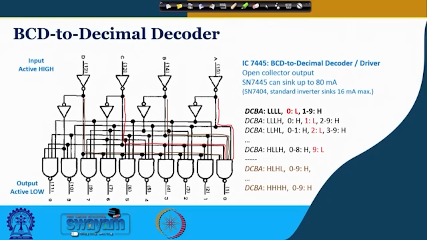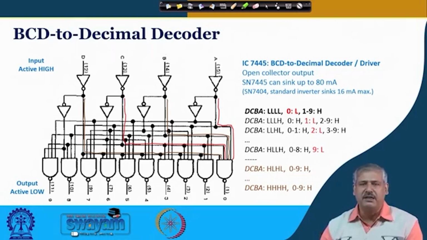So, BCD to decimal decoder. What is BCD? BCD is binary coded decimal. Whenever we talk about decimal numbers 0 to 9, decimal means base 10, so 10 digits are there. In terms of binary coding, we represent them from 0000, which is decimal 0, up to 1001, which is decimal 9.